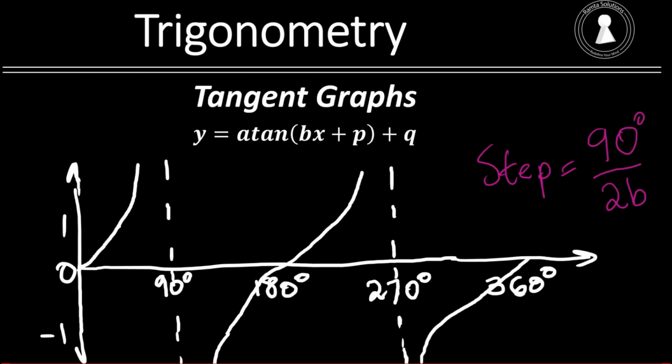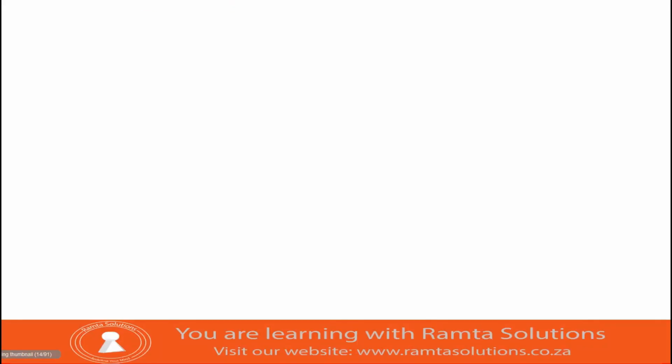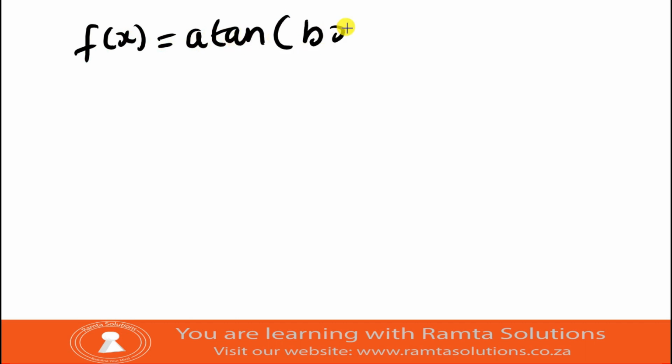So we have, let me use a black color, f of x equals a tan(bx plus p) plus q.